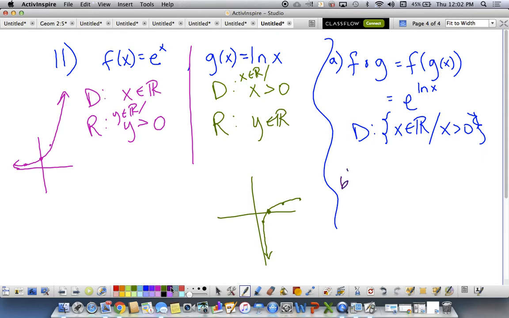What about letter B, when it was g of f, which was really g of f of x? I'm going to write them out. Natural log of e to the x. So for e to the x, I can put anything I want in, right? But if I plug in x is negative 1, what's going to happen with what I get out?